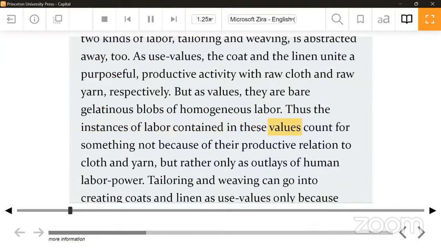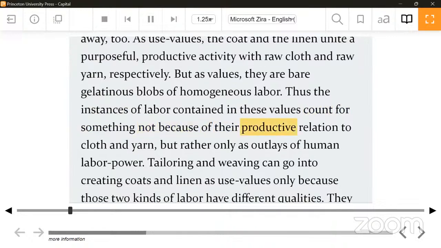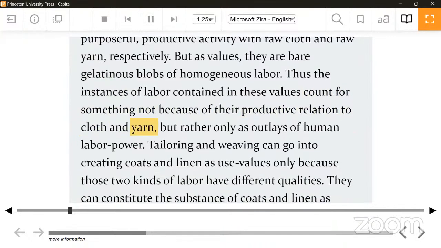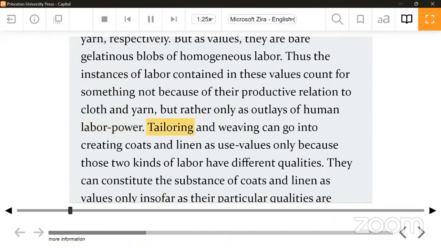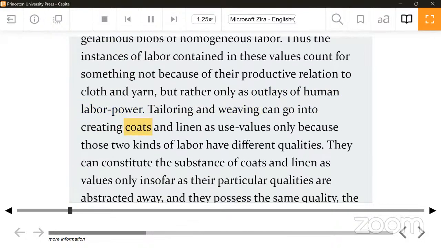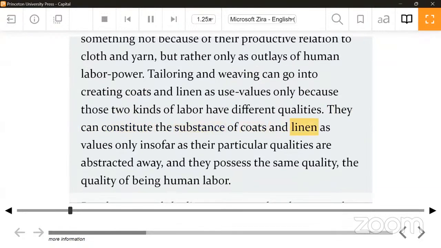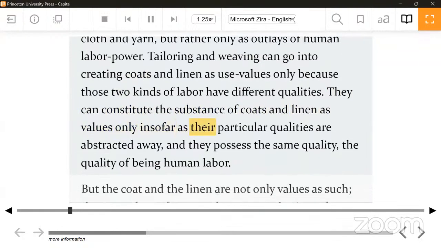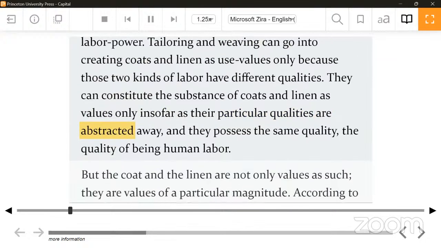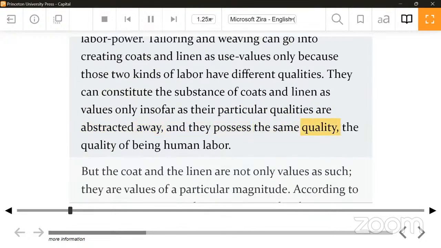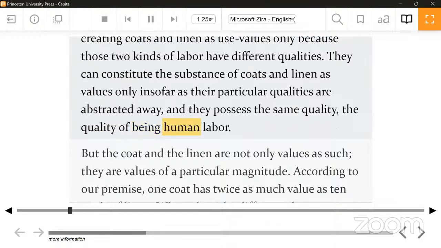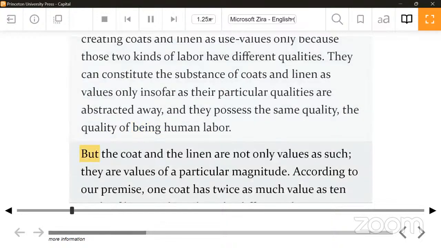Thus the instances of labor contained in these values count for something not because of their productive relation to cloth and yarn, but rather only as outlays of human labor power. Tailoring and weaving can go into creating coats and linen as use values only because those two kinds of labor have different qualities. They can constitute the substance of coats and linen as values only insofar as their particular qualities are abstracted away, and they possess the same quality, the quality of being human labor.